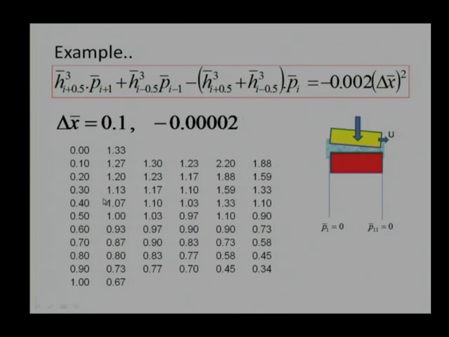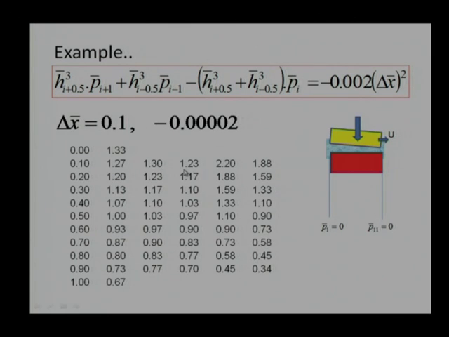Now, we need the film thickness at the half step, and we can find what h i minus 0.5 will be. We are asking: when h bar is equal to 1, what will be the film thickness at a step of 0.5 towards negative x? In that case, it turns out to be 1.3.